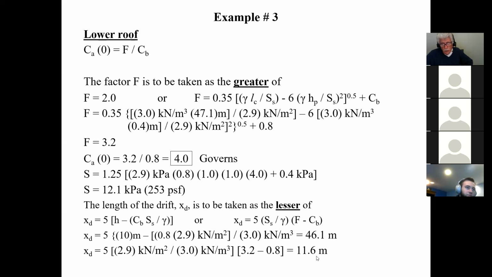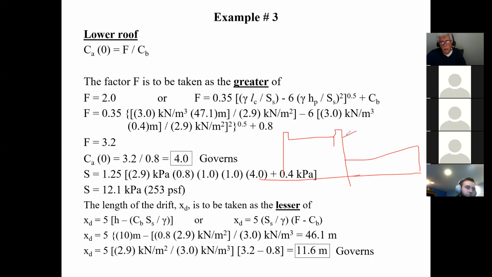And I end up with 11.6, and that's reasonable. In other words, you take the lesser of the two, and that's what it's going to drift off to, okay? So if I take all this information and I want to show somebody what we're going to use in order to design my roof, I take all of this, and of course this is the one that governs, the lesser of the two. So I calculated all my loads for my upper roof, and I calculated the ones for the lower roof.